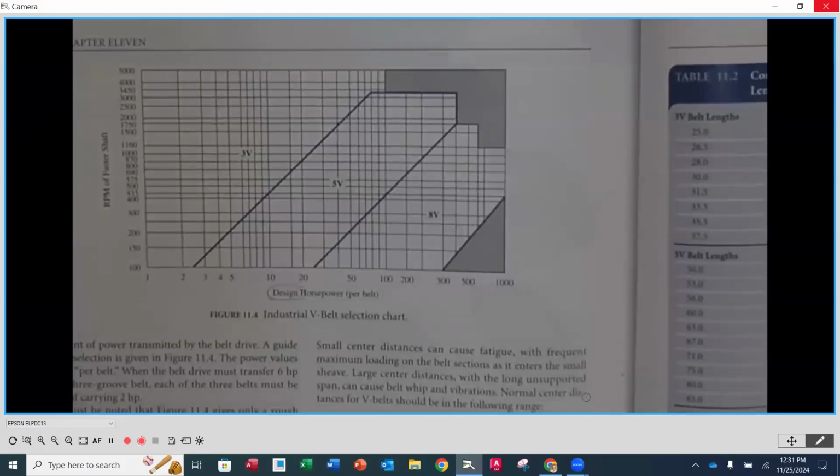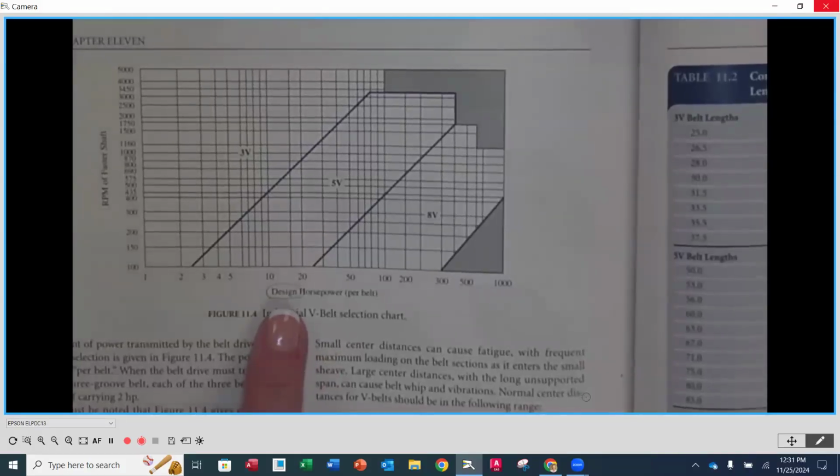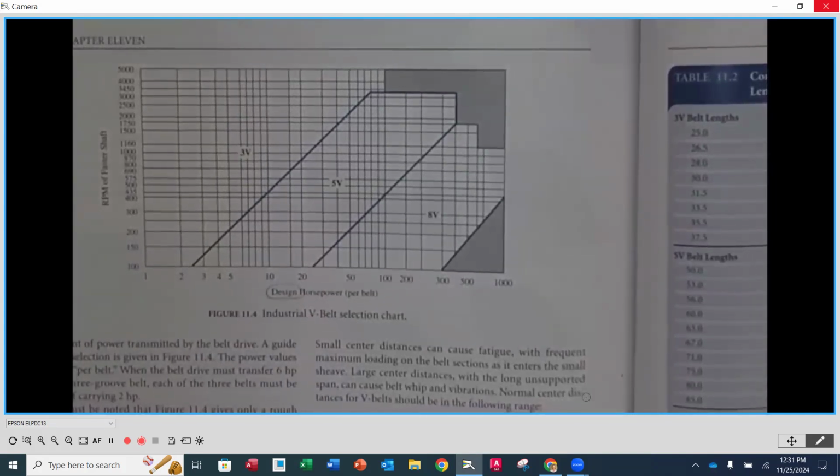So what that means is our design horsepower can change from what is given, for instance, off the motor or from our input, okay? But for our purposes here in kinematics, design horsepower and the horsepower coming off the motor will be the same thing. You will look more deeply at design horsepower when you do machine design elements next term. I believe you do that in spring 1, okay?